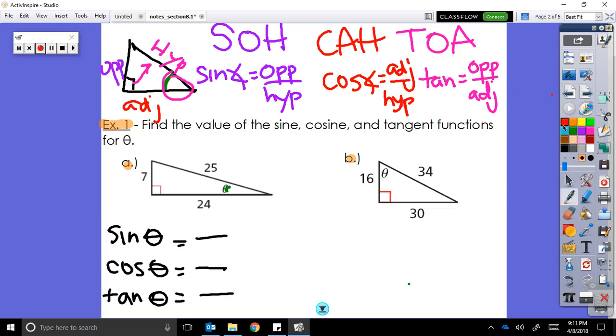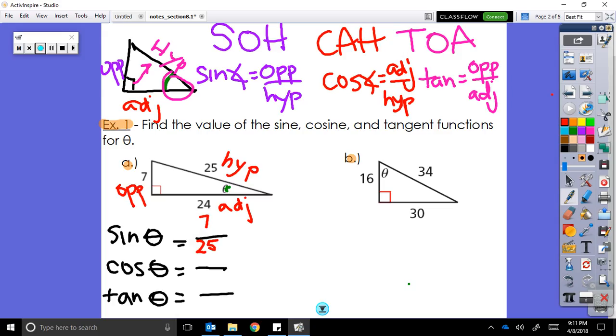So if I place myself at this theta, then the 7 is my opposite, the 24 is my adjacent, and the 25 is my hypotenuse. So you can actually label that if you need to. So when I'm answering sine, sine is opposite over hypotenuse, or 7 over 25.